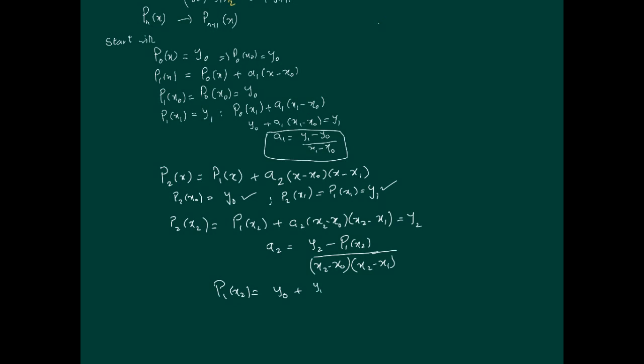It's given as y1 minus y0 divided by, excuse me, x1 minus x0. Now all of that is basically our a1, and that is all multiplied by x2 minus x0 in this case.